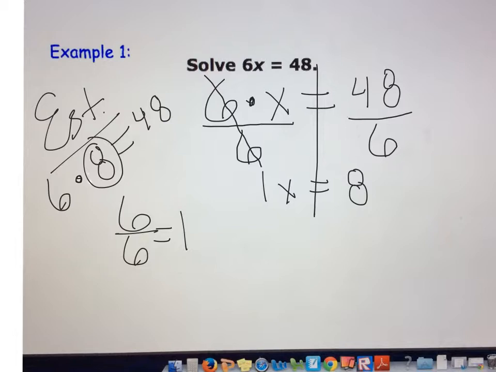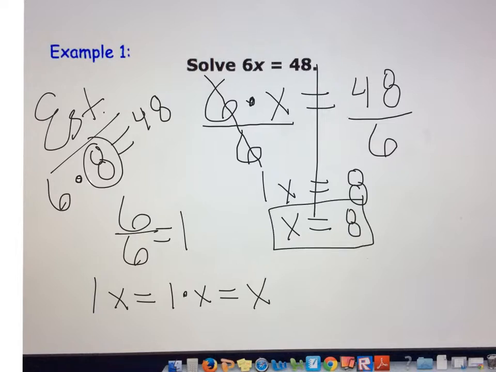So now we have our equation solved, or at least we think so. 1 and x written right next to one another means 1 times x, and we know that anything times 1 is always equal to itself. So we can actually rewrite our solution without the 1, and therefore x is equal to 8.